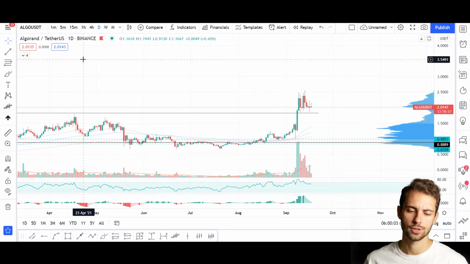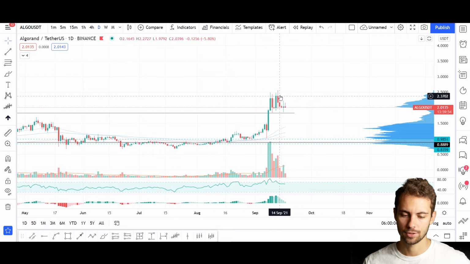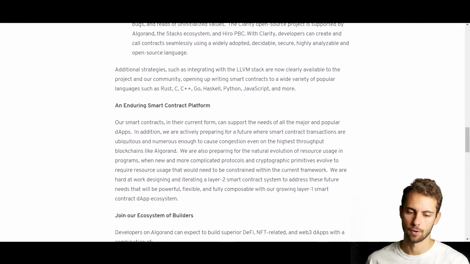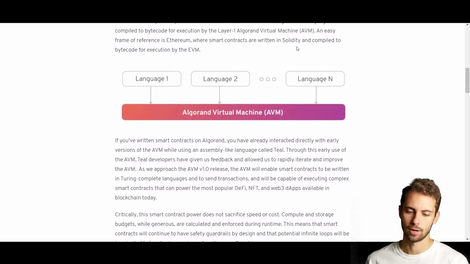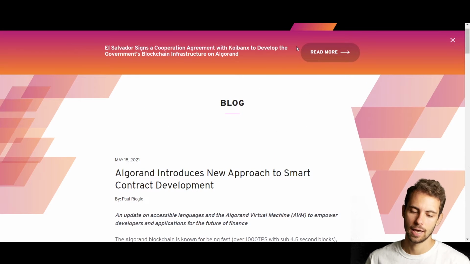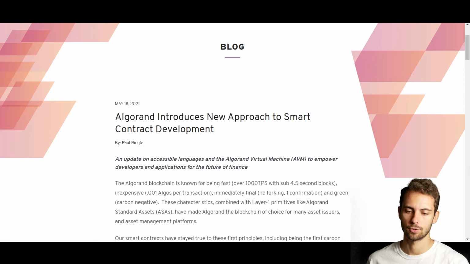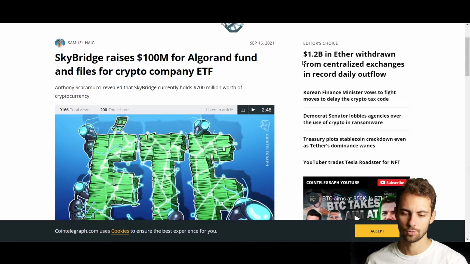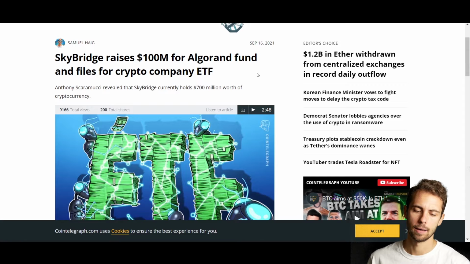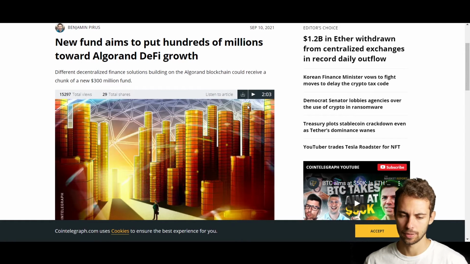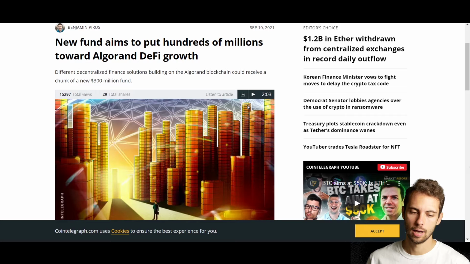Algorand is a cryptocurrency that is tradable on Binance and is a competitor to Ethereum. Recently, we had a ton of good news for the Algorand ecosystem. New smart contracts were introduced that favor development of the decentralized finance sector, and other funds, whether crypto or traditional, are claiming that they are making new investments in the Algorand ecosystem.